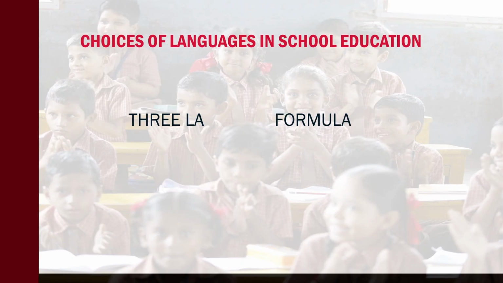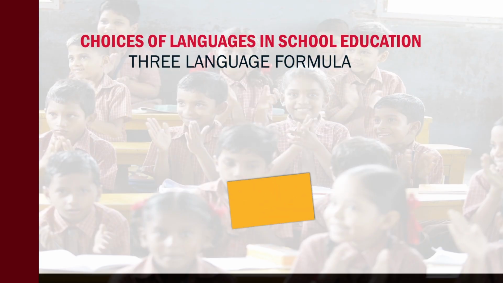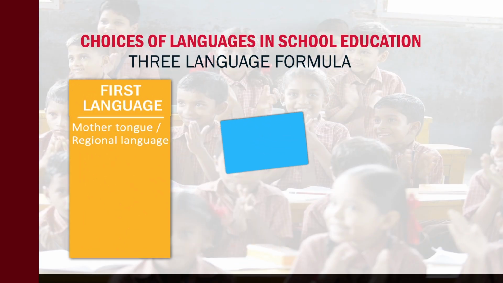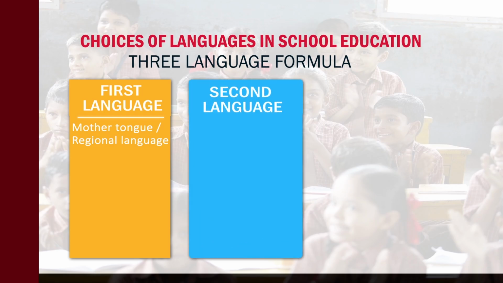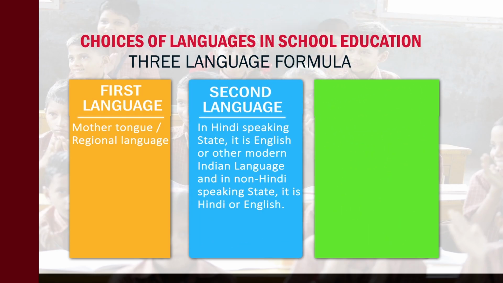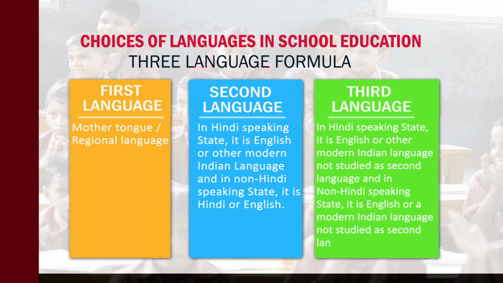let us proceed forward to discuss the choices of languages in school education, because we are discussing the choices of different subjects. You will find that presently we practice the three language formula. Okay.